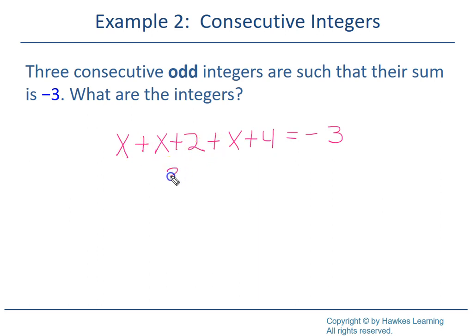So we group like terms. 3x plus 6 equals negative 3. We're going to transpose the 6 to this side where it becomes a negative 6, and negative 3 minus 6 is negative 9. So we then divide both sides by 3.